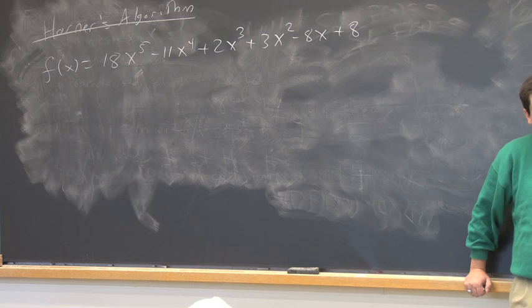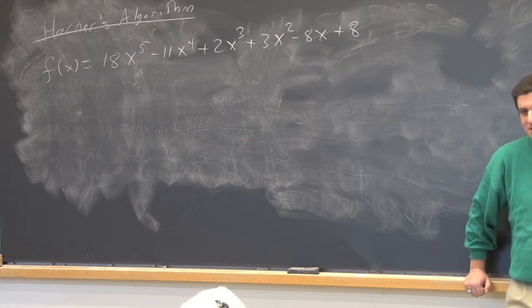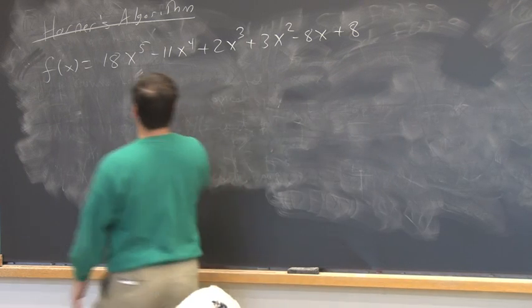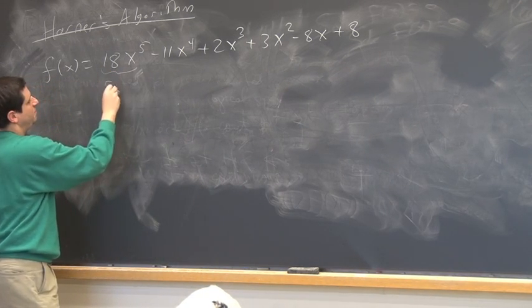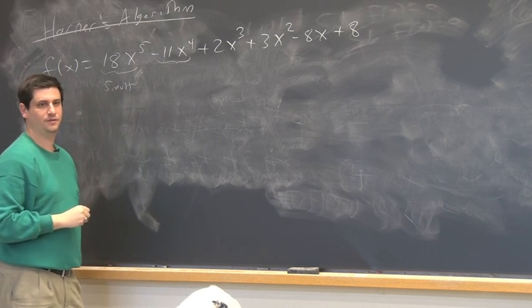X times x is x squared, times x is x cubed, times x is x to the fourth, x to the fifth, times 18 is 18x to the fifth. So this costs me 5 multiplications.